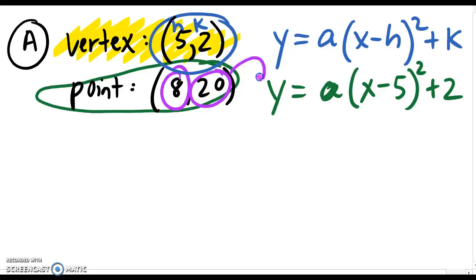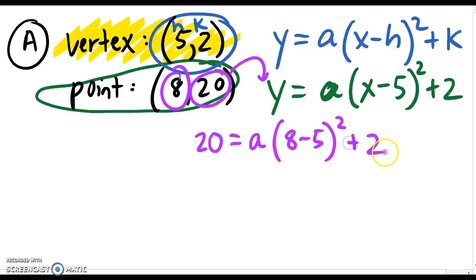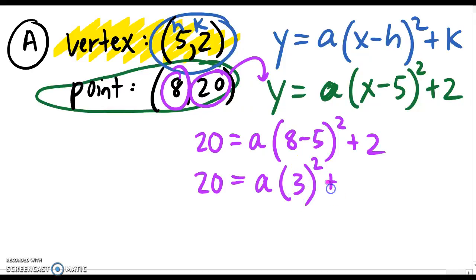So 20 goes in for y and 8 goes in for x: 20 equals a times (8 minus 5) squared, plus 2. 8 minus 5 is 3, squared is 9, so that gives me 9a plus 2.